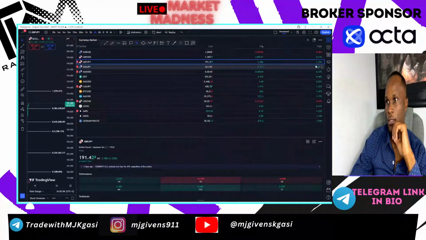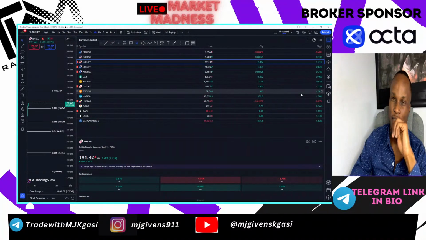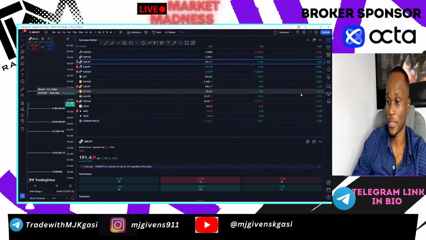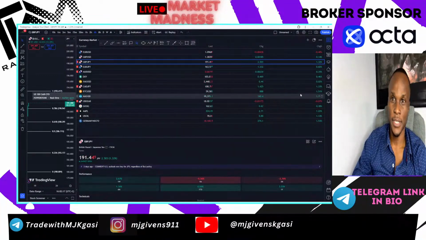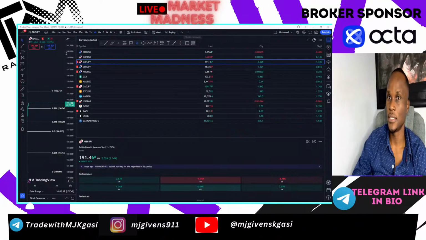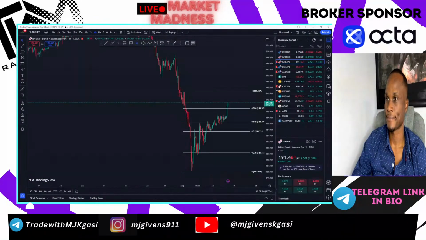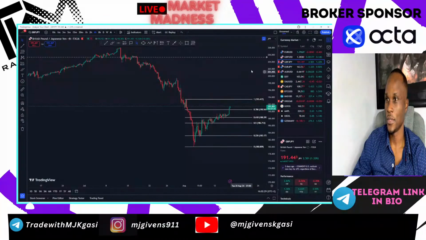Look at this. Up by 1%. It's something that we were never used to in the past. British pound Japanese, we are up by 1% already. New York just opened and we're already up by 1%. I really don't know what's happening.